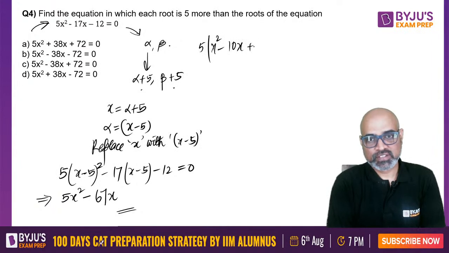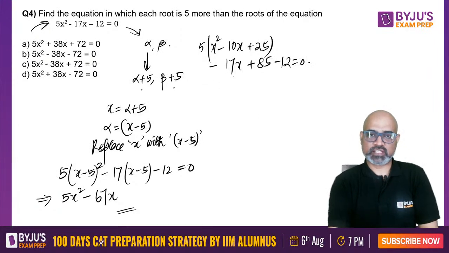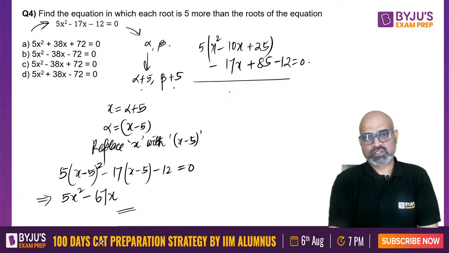Sometimes even we make mistakes. It should be 50 and 67x only, right? And 125 plus 85, not 75, sorry, 125 plus 85, 210 minus 12. So where am I making the mistake? No, it should be x minus 5.